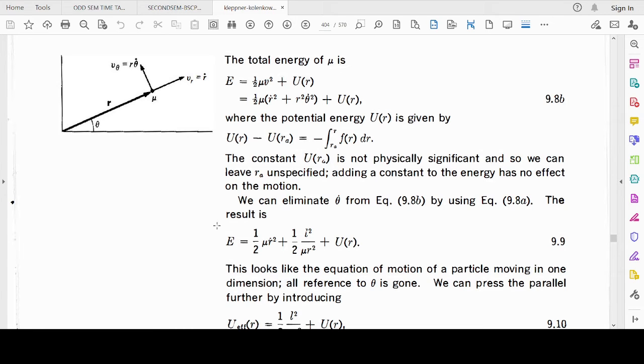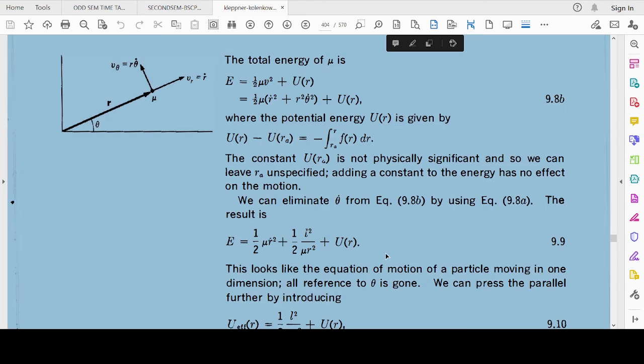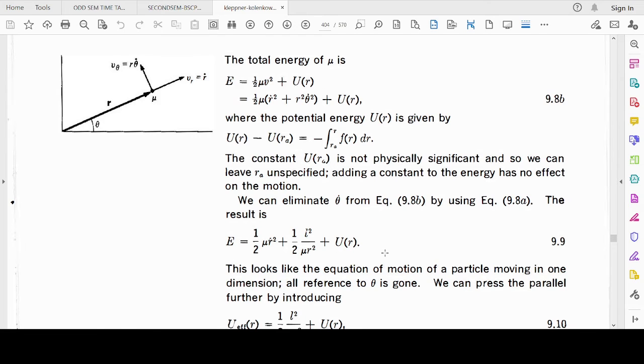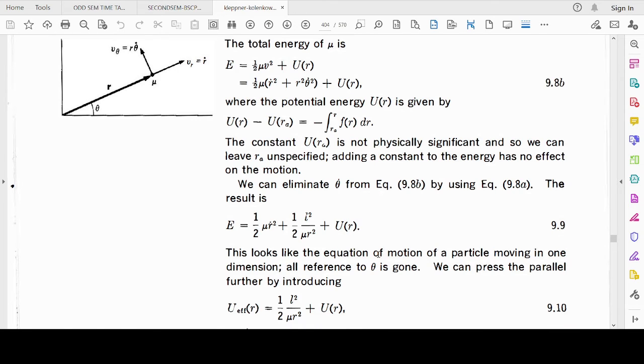This is the equation of the total energy. Okay, so now we are going to solve this central force problem slowly. We have reached the energy expression. We got the energy as having three terms. One is the kinetic energy due to radial motion. The second is the kinetic energy due to angular motion. And the third is the potential energy.